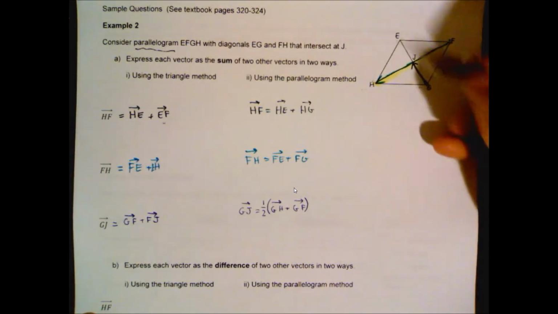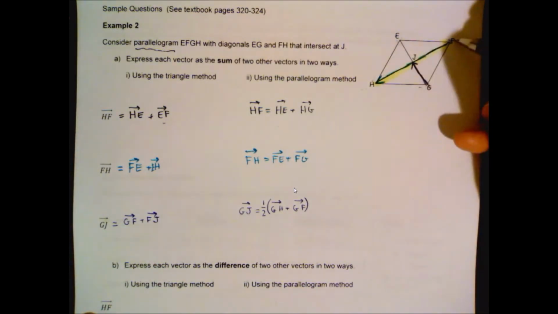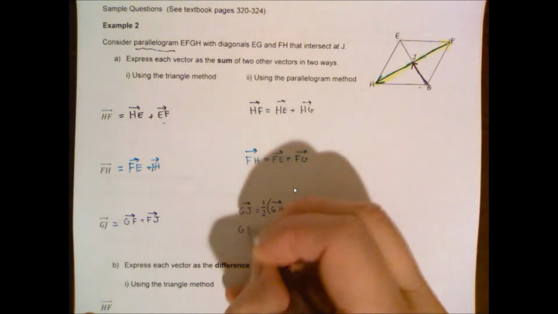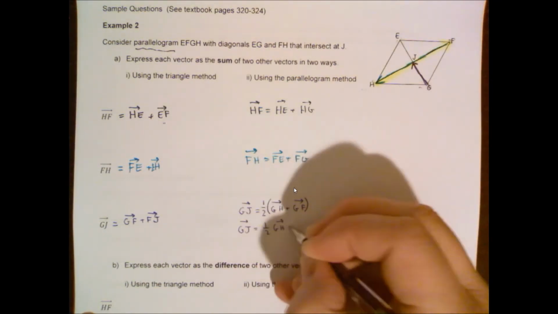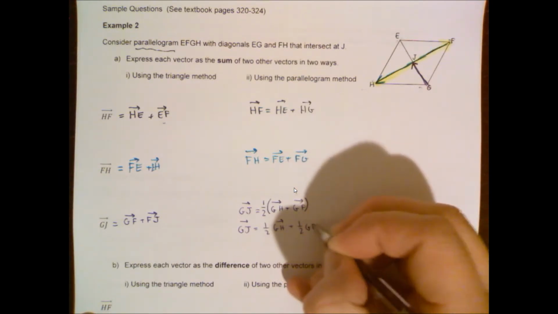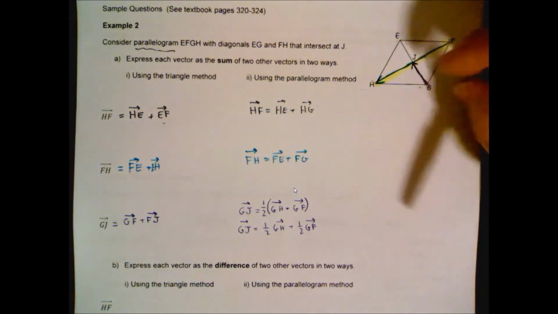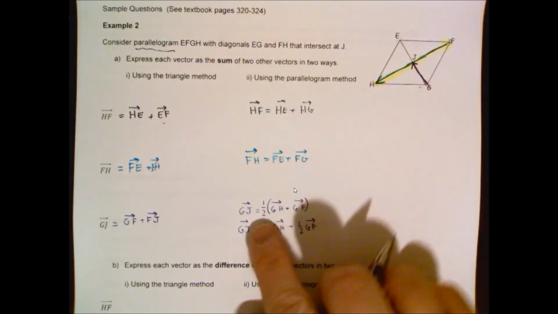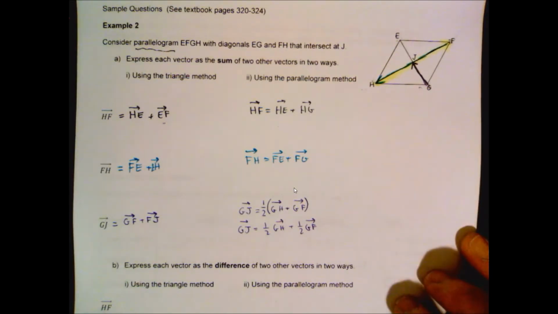Instead of the whole GE, which is equal to GH plus GF, I multiply by half, so I only get there. And so I know that GJ is equal to 1/2 GH plus 1/2 GF. That's a bit of a tricky one, but because I know this magnitude is half of this magnitude, I can just multiply this by half.